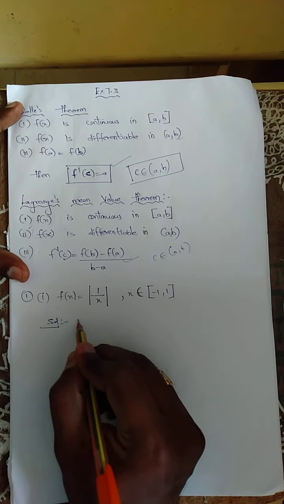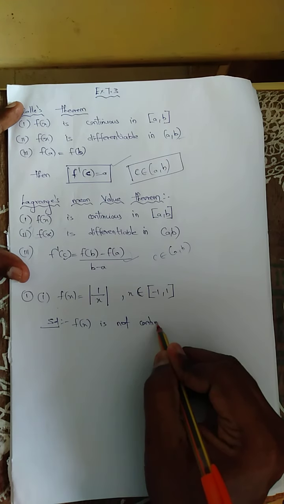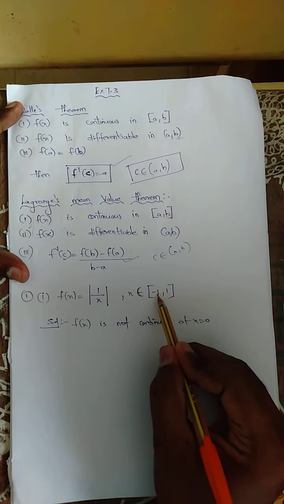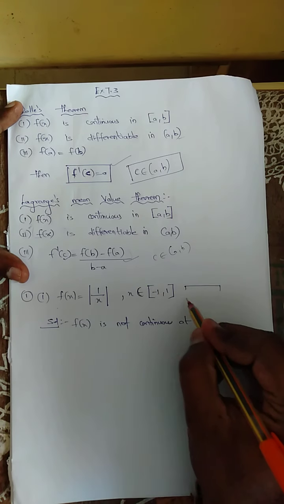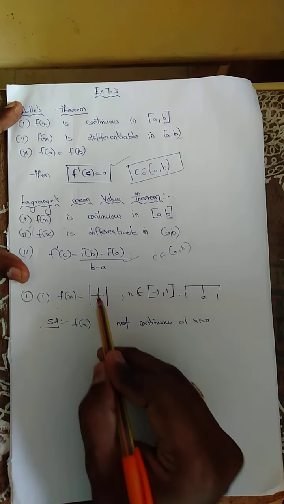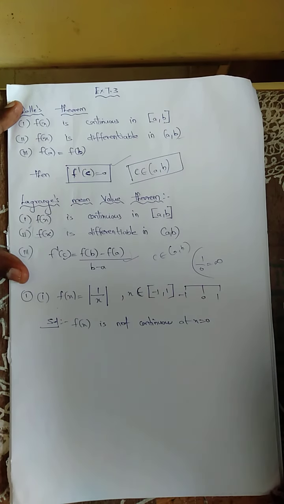f(x) is not continuous at x is equal to 0, because if we take the interval minus 1 to 1, there is one point called 0. If we apply the point 0 here and place 1 by 0, we get the infinity value. At infinity we do not know the value.